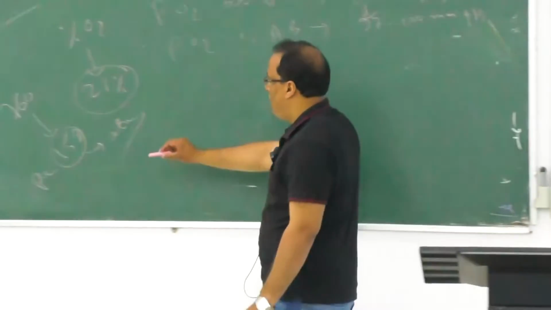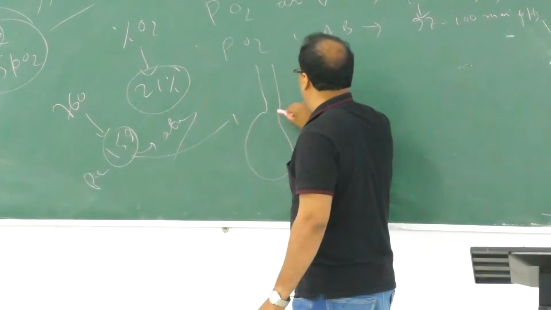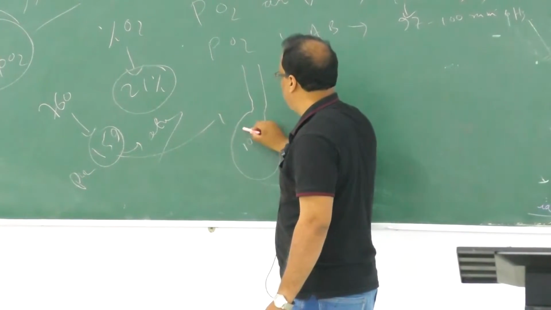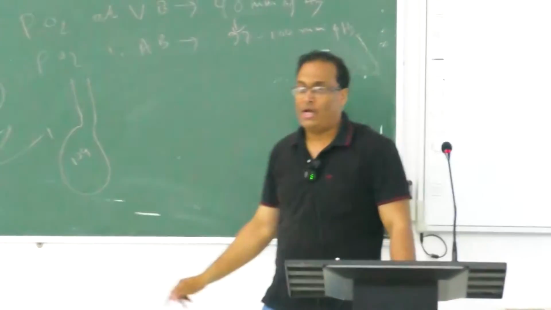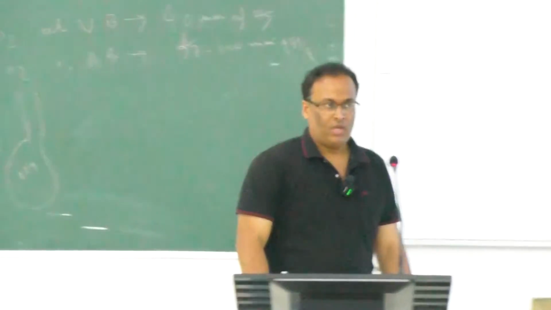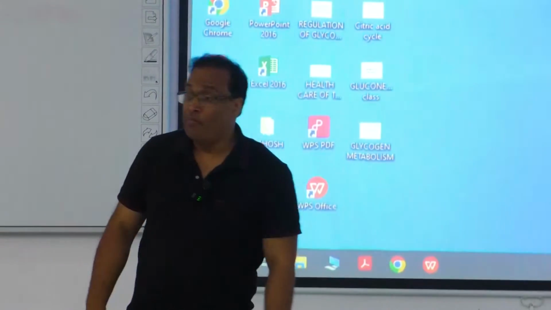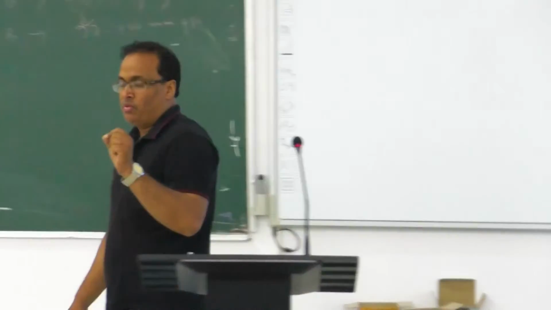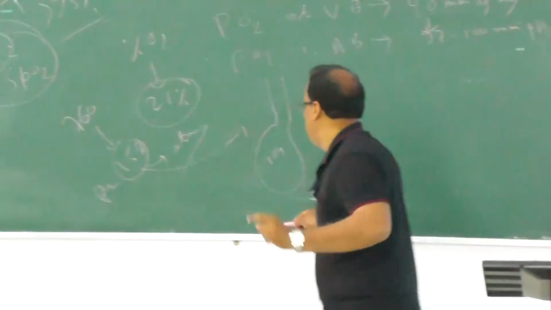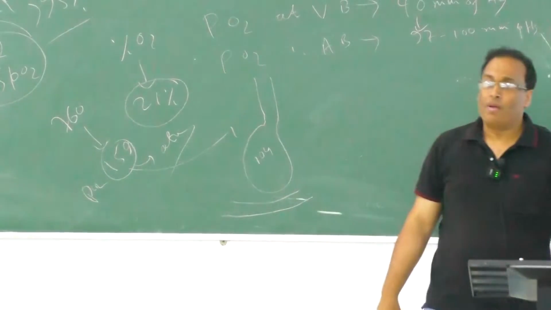So this is 159 in the atmosphere. In the alveoli, this is 104. This is oxygen, and in the venous blood, this is 40. So the pressure gradient is positive, from high pressure to low pressure. Simple diffusion will occur. That's why thickness is very important between these layers, the respiratory membrane.